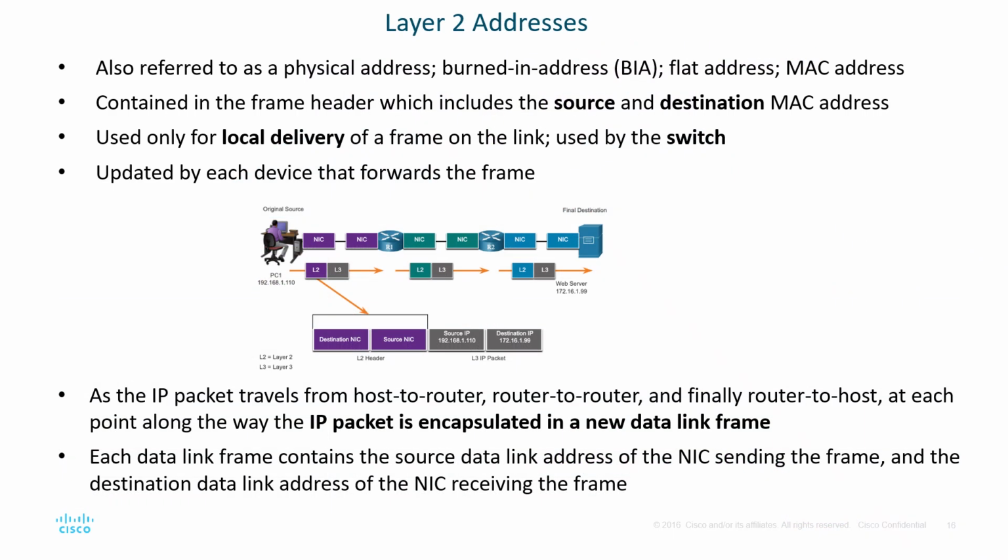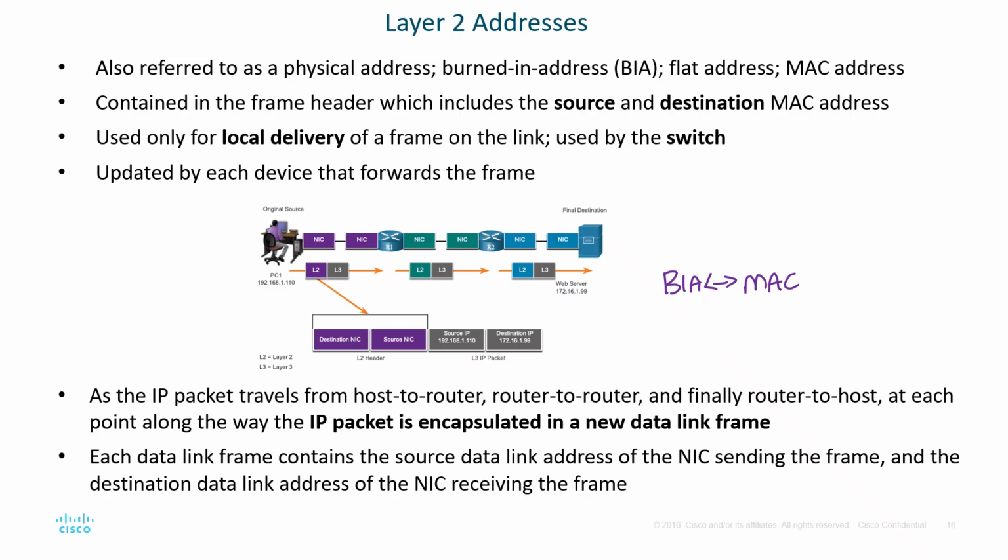Now, your layer 2 address has many different names. It can be referred to as a physical address because it is embossed on your NIC. It is referred to as a burned-in address, and some of you, when you did your switching lab way back when and they asked you to find the burned-in address, coincidentally, the BIA is the same as your MAC.